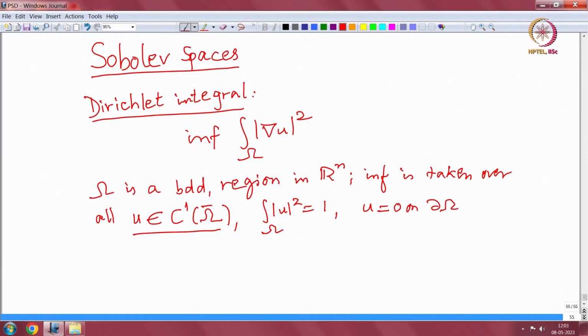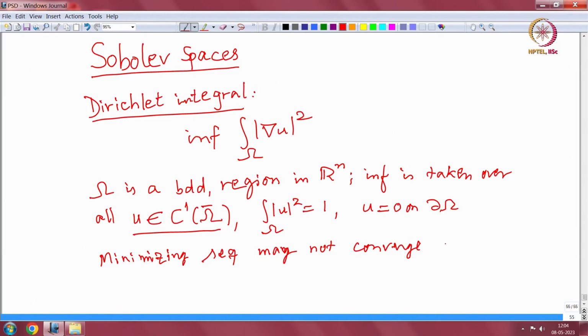again the main difficulty here is that the minimizing sequence may not converge in this norm.